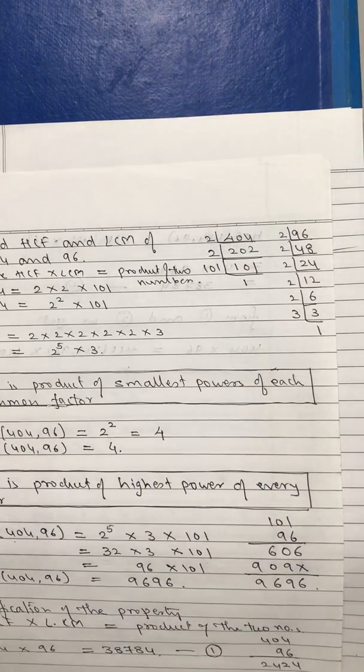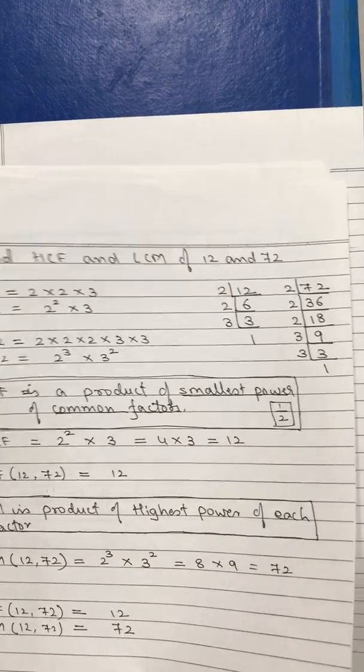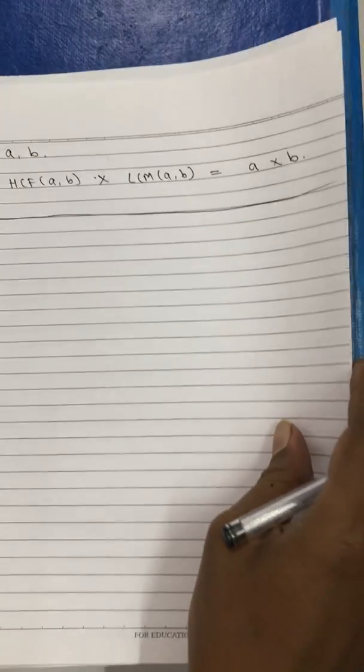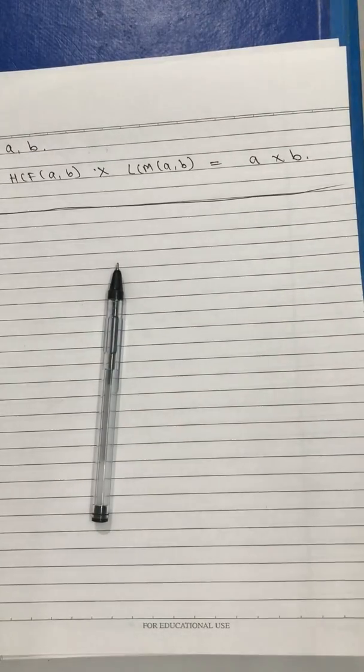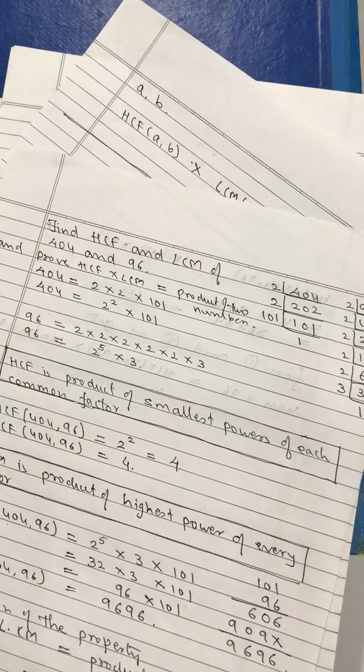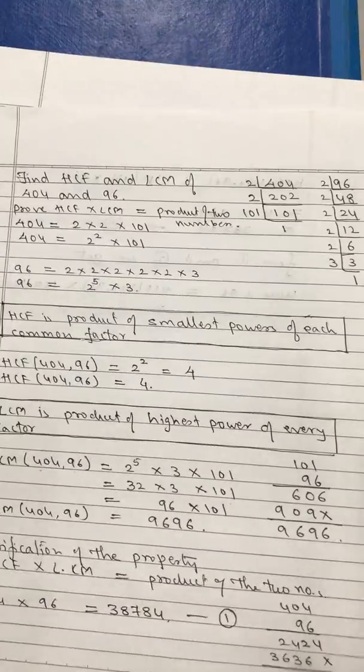So in this way, this topic comes here. Also, one more topic is there. See what we have dealt with till now. We have understood how to find the HCF and LCM of two numbers or three numbers, whatever they are.